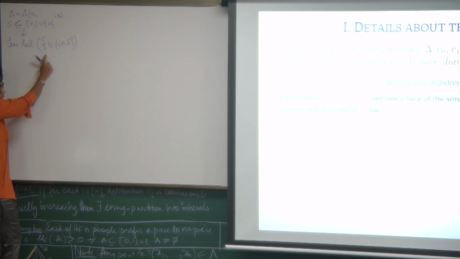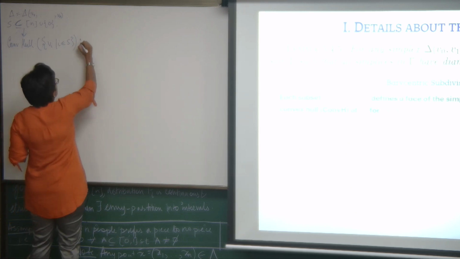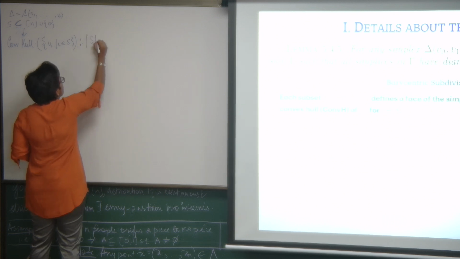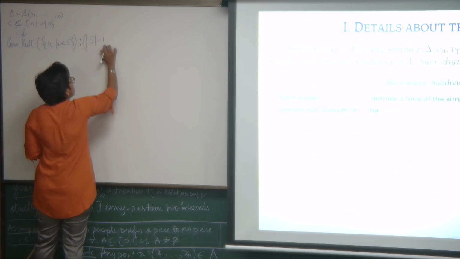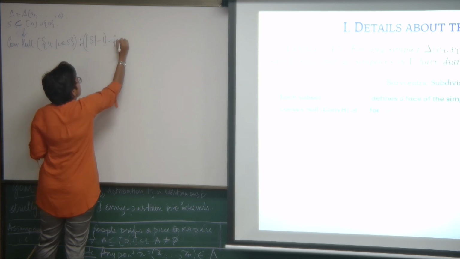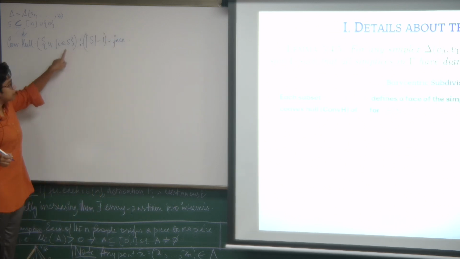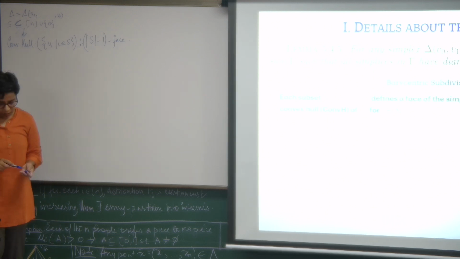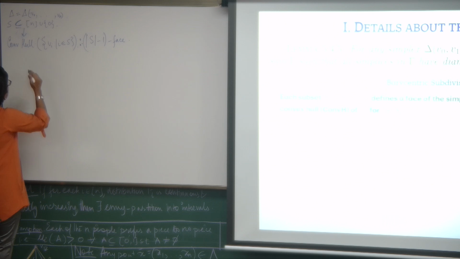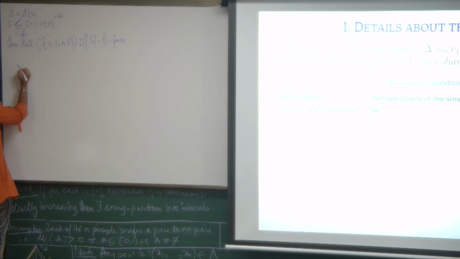Okay. This is what? This is an (|S| minus 1)-dimensional face by definition. Why? The size of S, correct? Okay. All right. So, suppose I take the vertex V0, it is basically corresponding to the set S0.